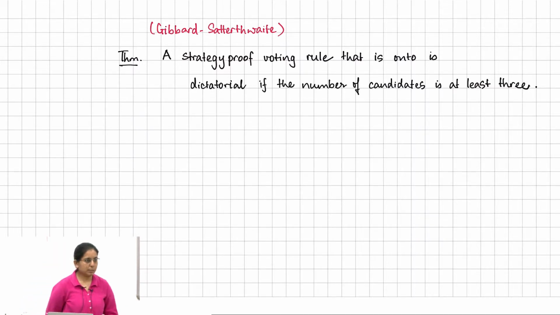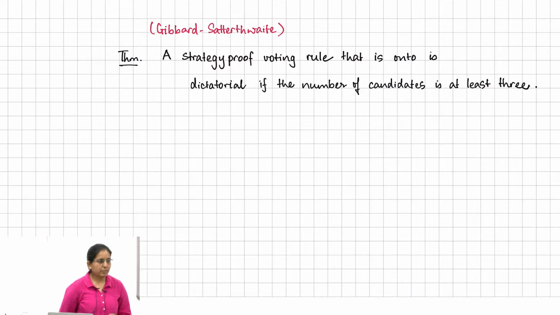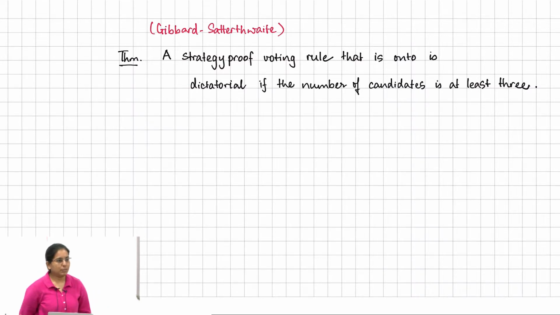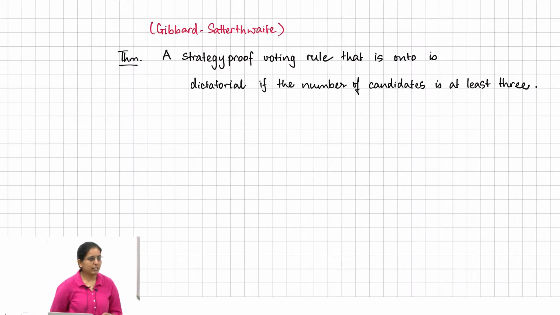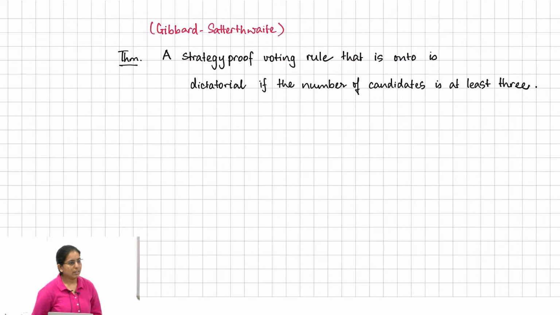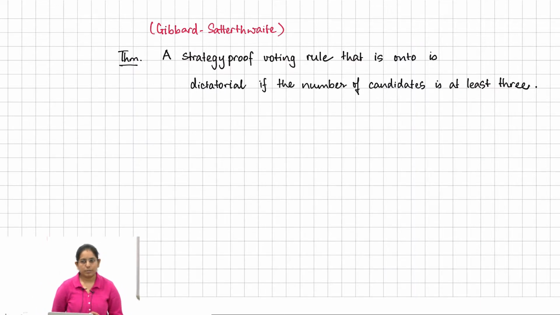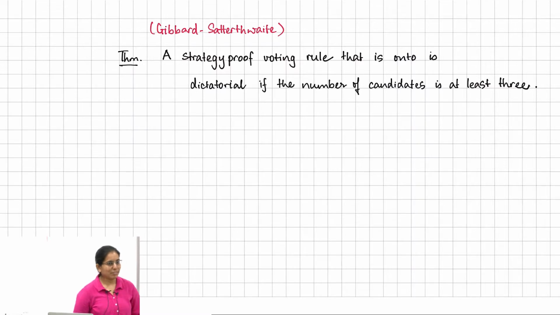What about strategy proofness? Does any voter have an incentive to deviate from their truthful preference? So what about the non-dictatorial voters? Do they have an incentive to deviate? If the mechanism is a dictatorship with the first voter being the dictator and you are not the first voter, then anything that you do is not going to influence the outcome of the election, right?